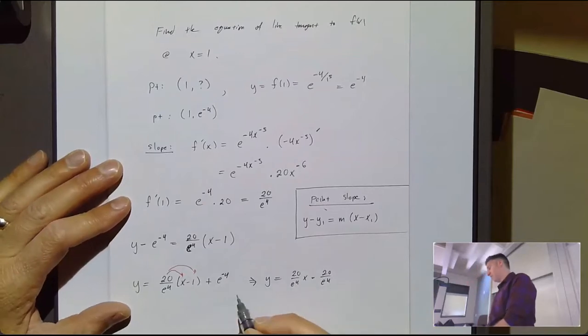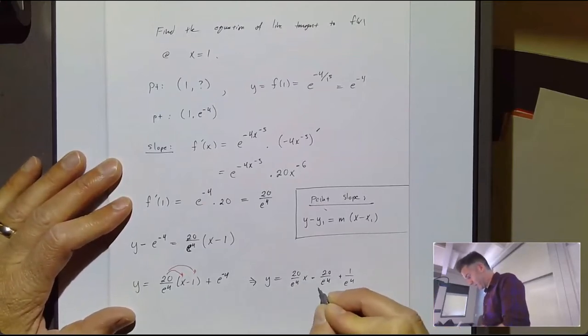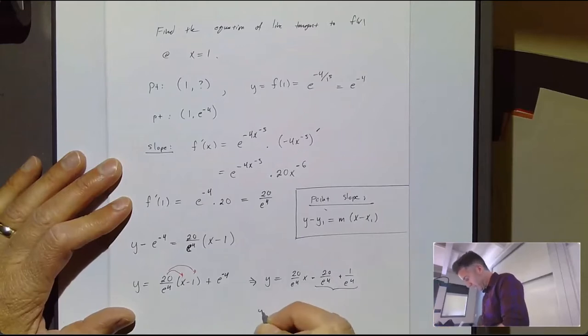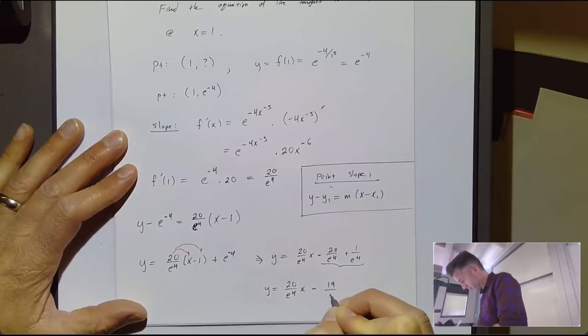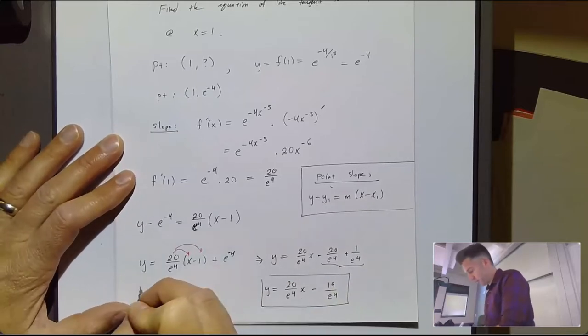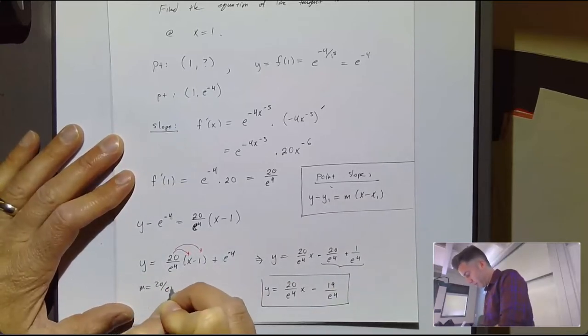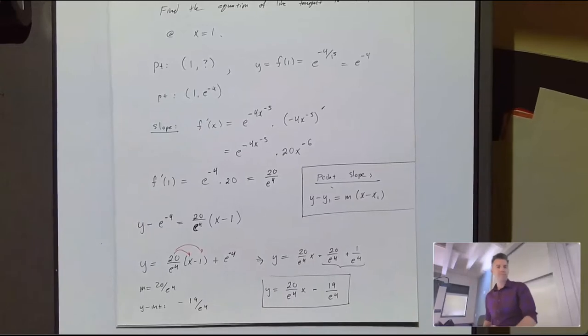And I suppose it might make sense to write this as 1 over e to the 4th, so I can simplify this to negative 19 over e to the 4th. So my slope is 20 over e to the 4th. My y-intercept is negative 19 over e to the 4th. Kind of funky.